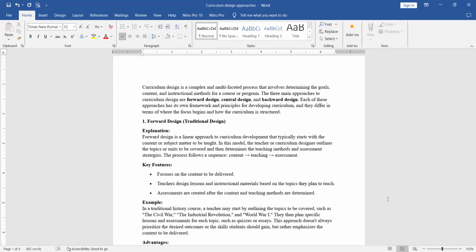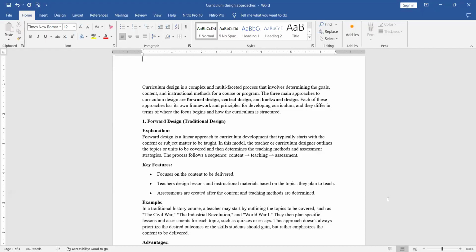Curriculum design is very complex and a multifaceted process because you have to consider several components like ILOs, the subject matter or the content, then the methodology or the learning experience, and then how to evaluate. All the components should be taken into consideration.